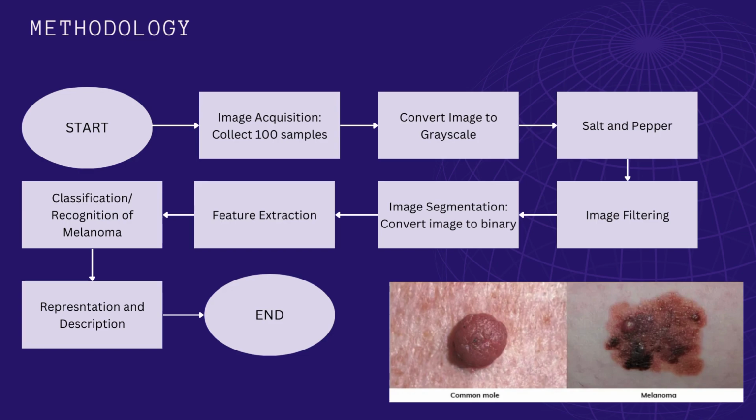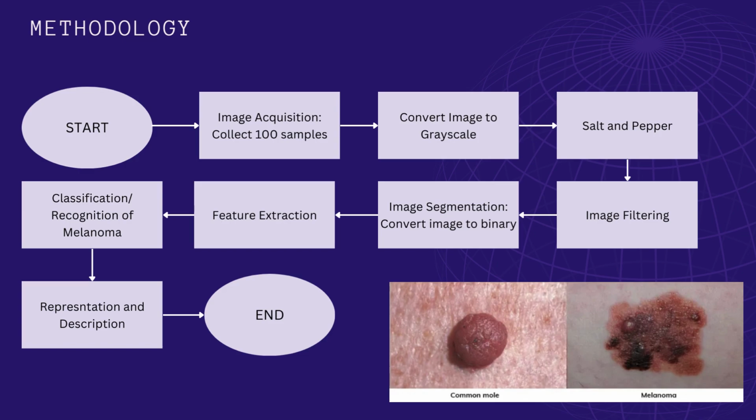2210620304. The methodology for melanoma detection begins with a comprehensive image acquisition process where 100 images representing diverse patients' demographics are carefully collected. These images serve as the foundation for creating a representative dataset that aids in distinguishing moles from potential melanoma cases.